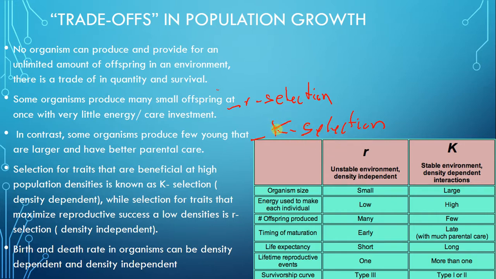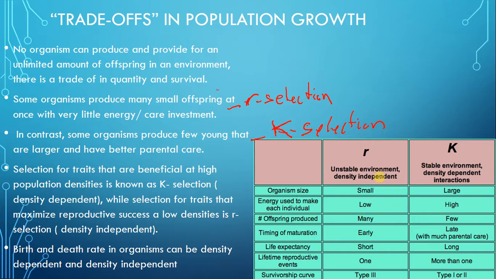So this strategy pays off when the population is near carrying capacity. On the other end, R-selected species are selected for traits that maximize reproductive success at low densities, with population size very far away from carrying capacity, or density independent.